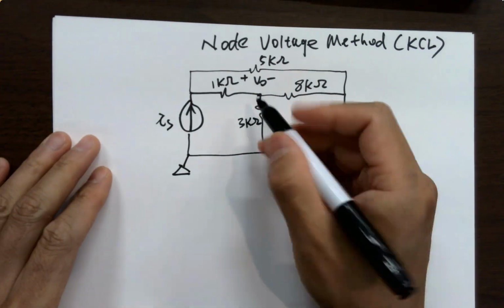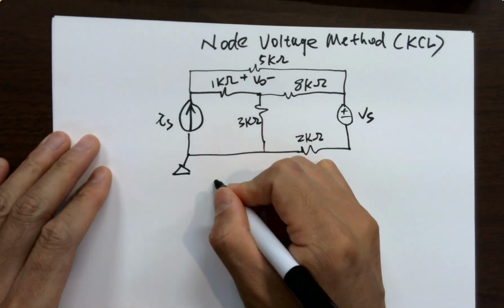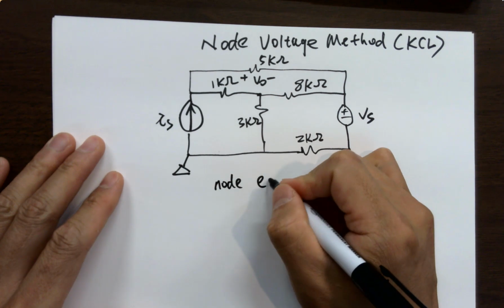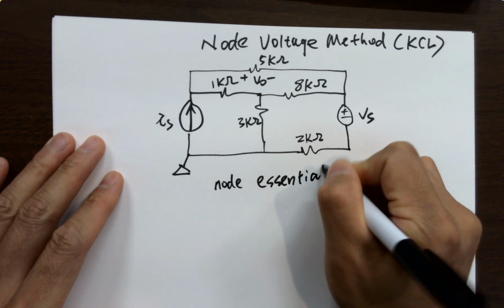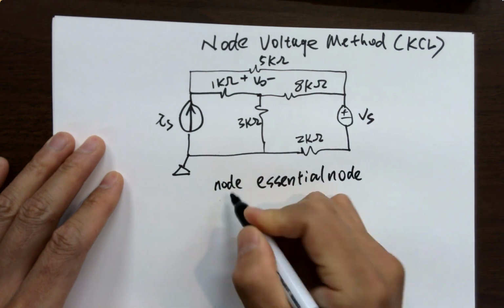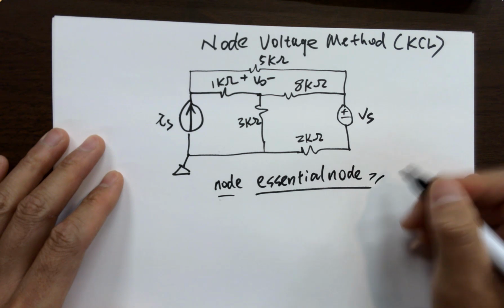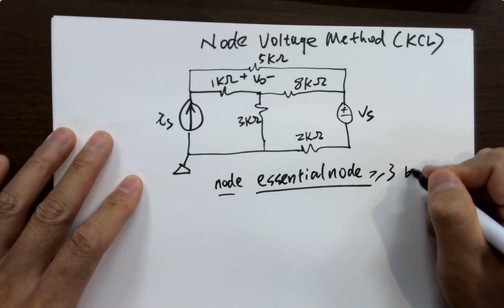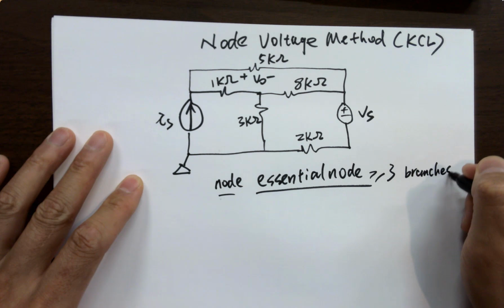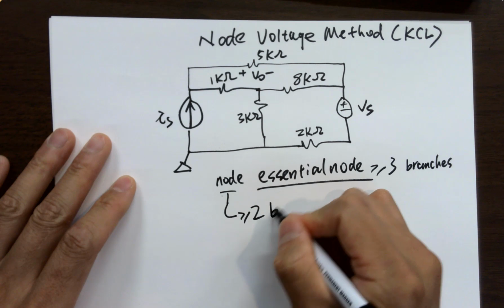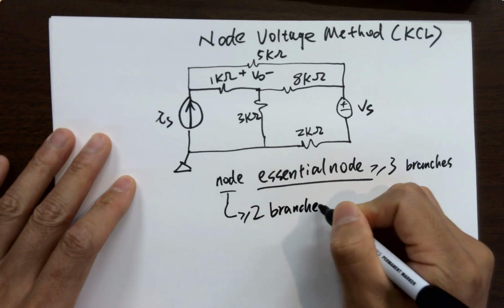Before we run into the details, you should know a node and an essential node. Just concepts. An essential node has at least 3 branches, and a node has at least 2 branches connected to it.